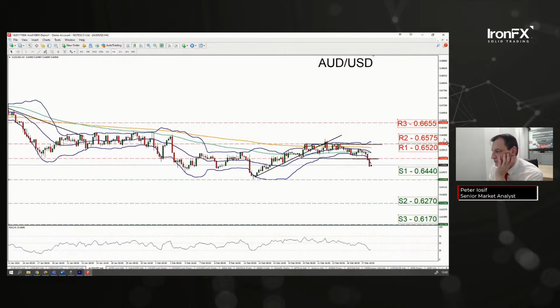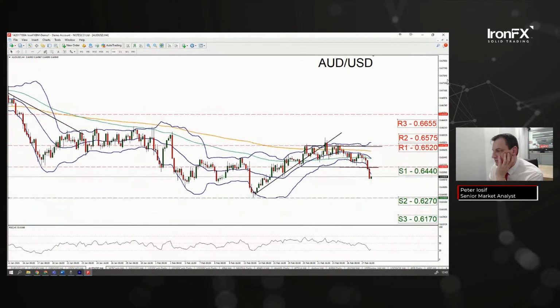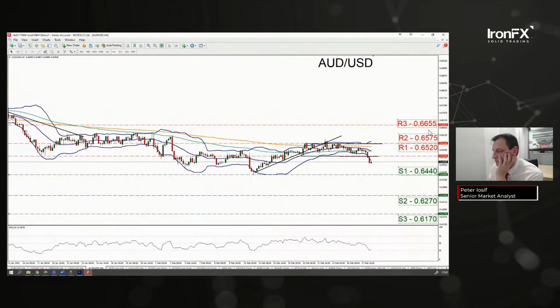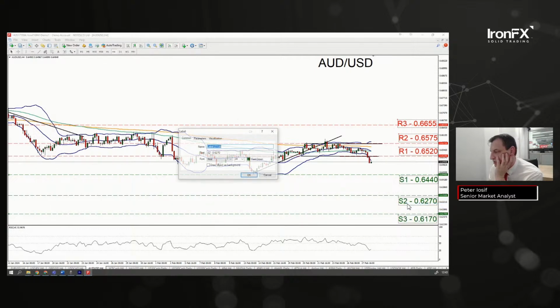Readjust. Support line being set S1 at 0.6440, the S2 at 0.6350, and the S3 at 0.6270. Locking everything in.